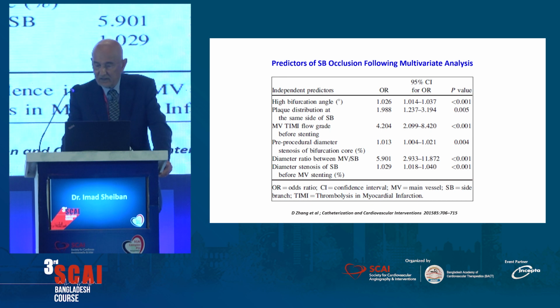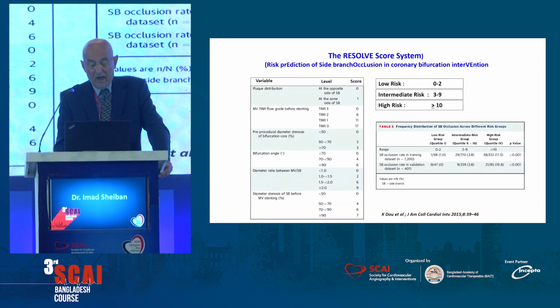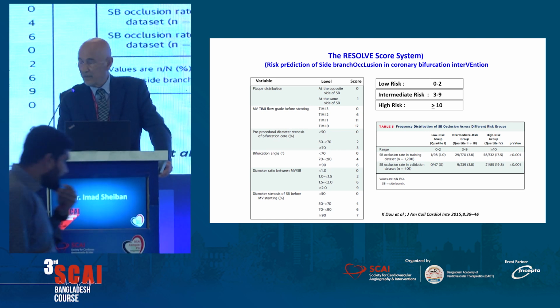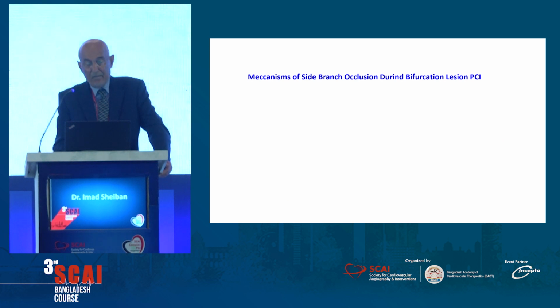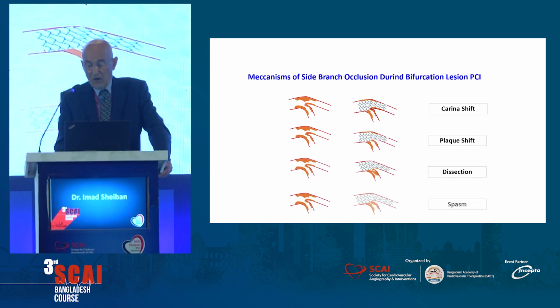We have some protectors against side branch occlusion according to multivariate analysis. And we also have a score system to determine the risk of occlusion before starting the procedure. The mechanisms of side branch occlusion during bifurcation lesion interventions are carina shifting, plaque shifting, dissection, and sometimes also vasospasm.